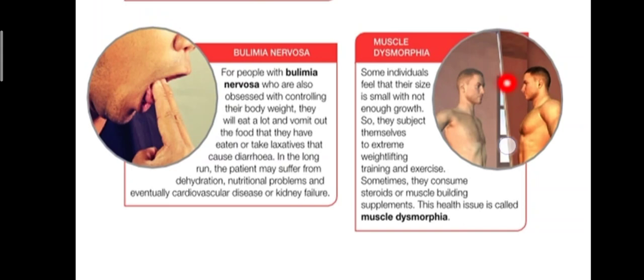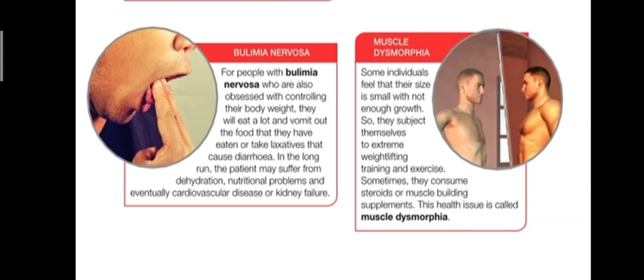Okay, then yang seterusnya muscle dysmorphia. Some individuals feel that their size is small with not enough growth. So they subject themselves to extreme weight lifting, training and exercise. Extreme gym. Sometimes they consume steroids or muscle building supplements.